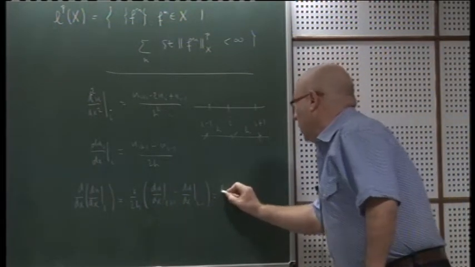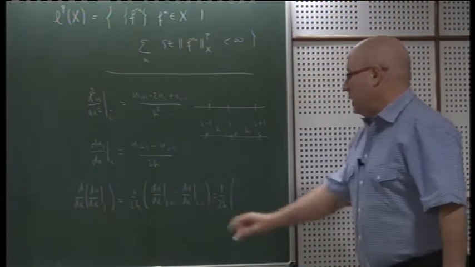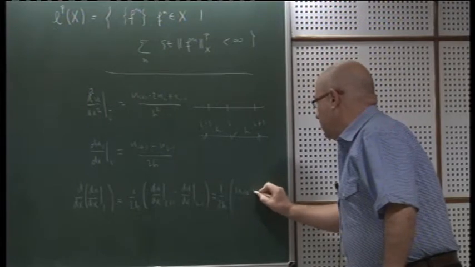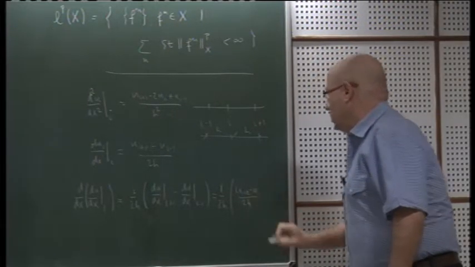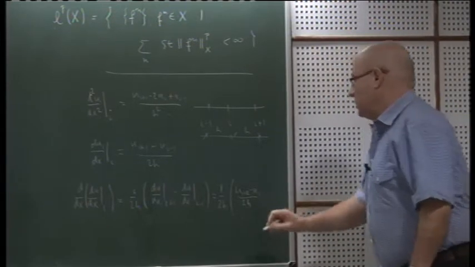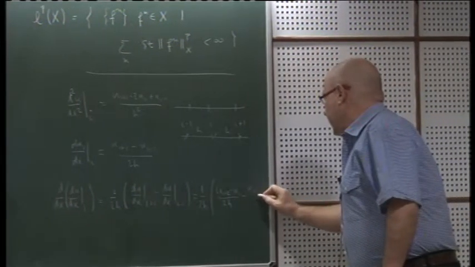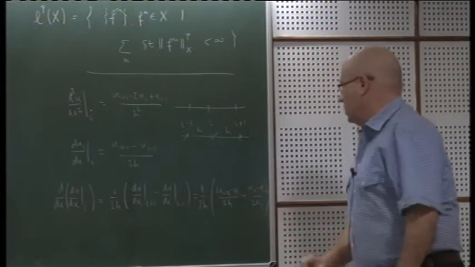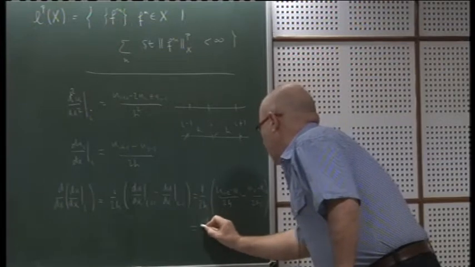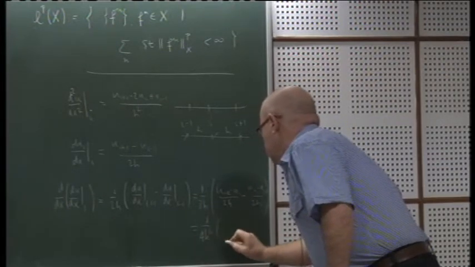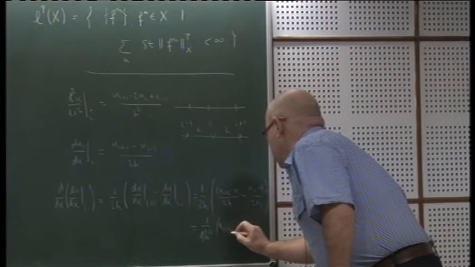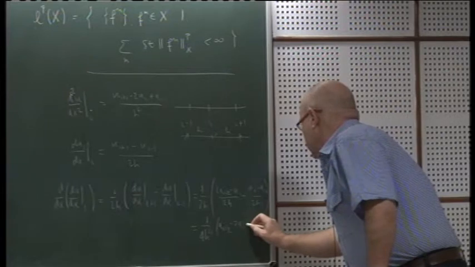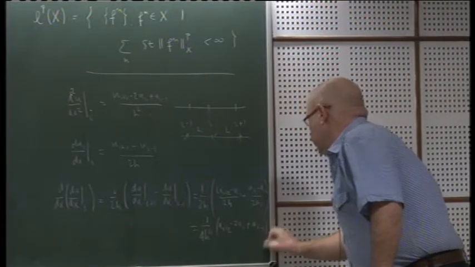That would be equal to 1 over 2h of the first derivative at i+1, which is u_{i+2} minus u_i divided by 2h, minus u_i minus u_{i-2} divided by 2h. So at the end what you have is 1 over 4h squared times u_{i+2} minus 2u_i plus u_{i-2}.